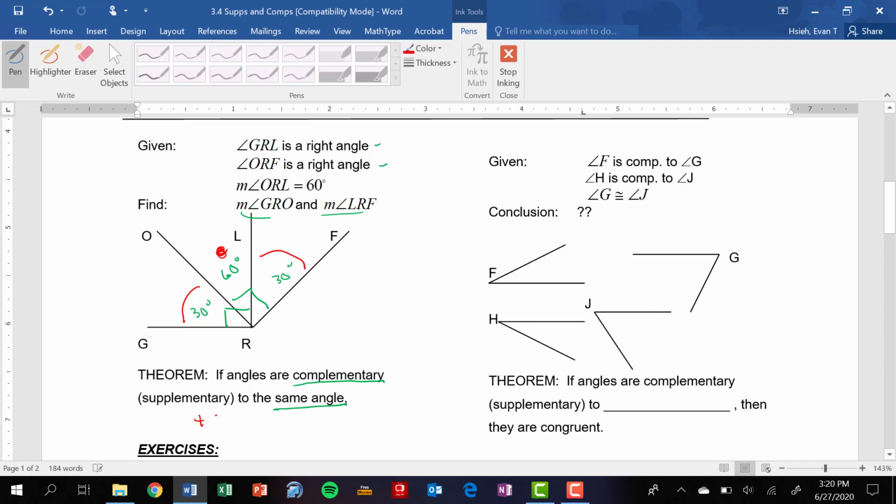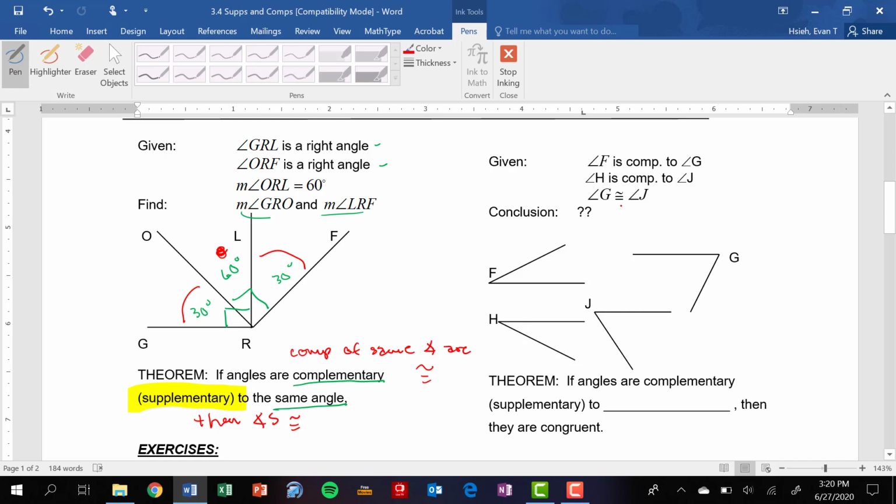Then those angles are congruent. Or I can write this as complements of the same angle are congruent. That's what I would write in a proof. And this works for supplements also. So supplements of the same angle are congruent.